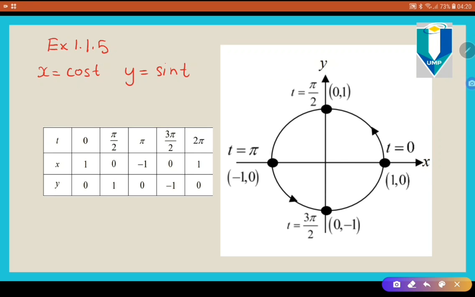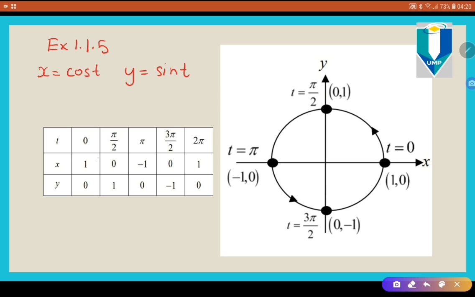So we can construct the table like this. Now the example 1.1.5, x equivalent to cos t, y equivalent to sin t. To get the orientation, we need to show this by the arrow as t increases. So we can just look at several values of t here.